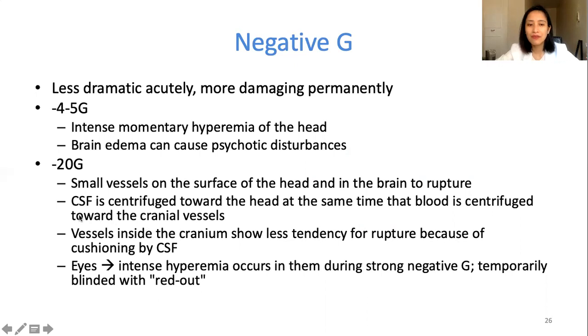So if the CSF is centrifuged away, the vessels will have less cushioning. The eyes can also experience intense hyperemia in strong negative G, which can cause temporary blinding, called red out.